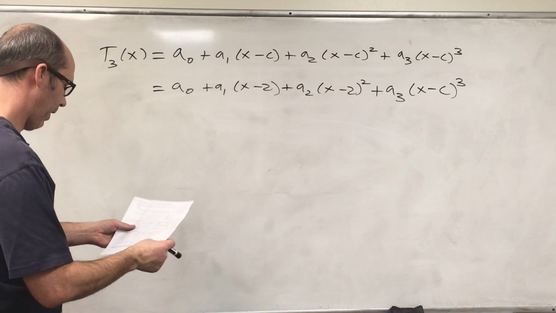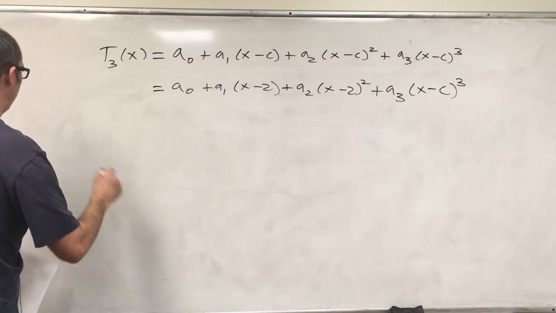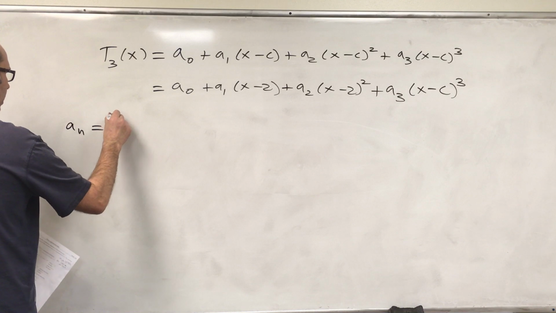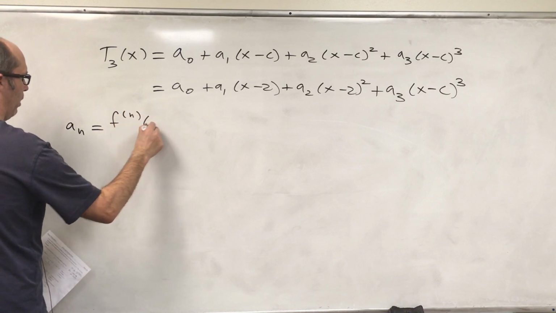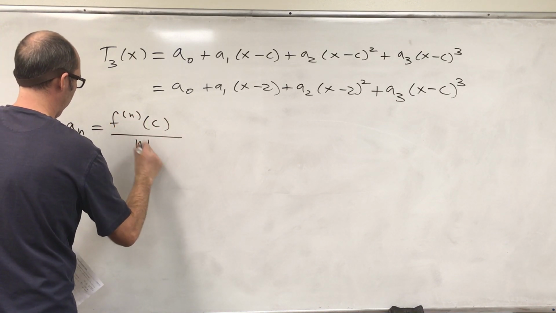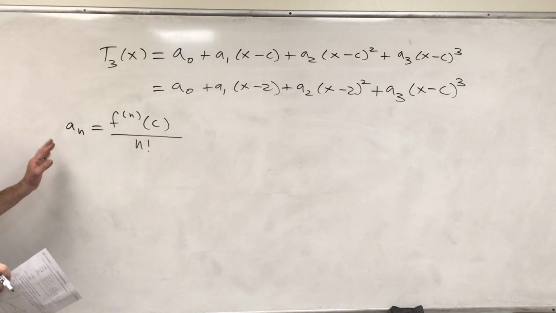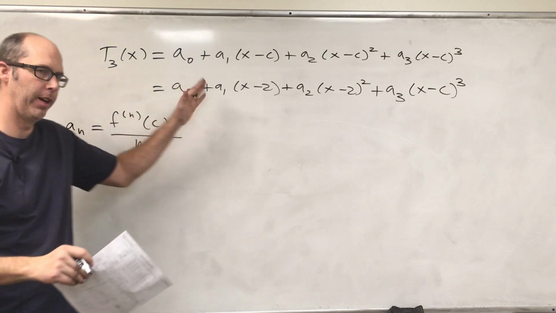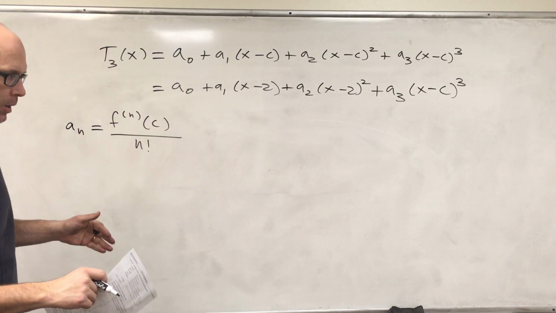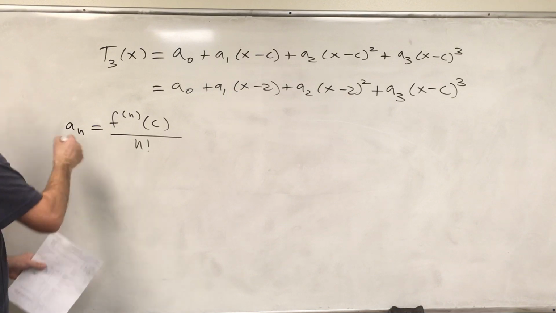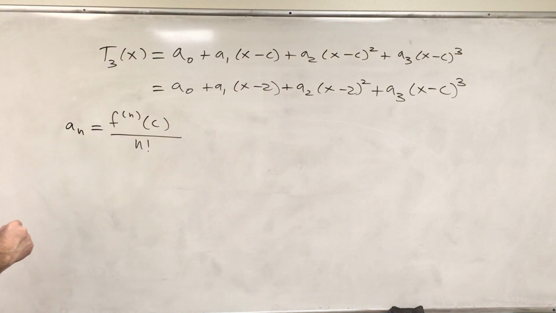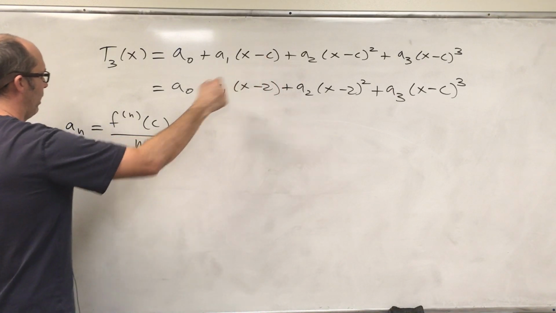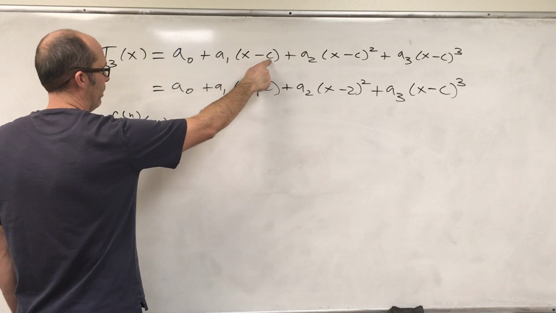All right, from the bottom of the last page, we have a formula for those. I know it seems like kind of a weird formula. We'll be able to derive this formula later after we get to Taylor series. So in this case, remember, c is the center.